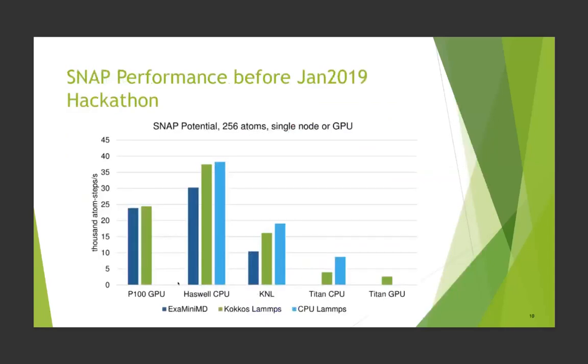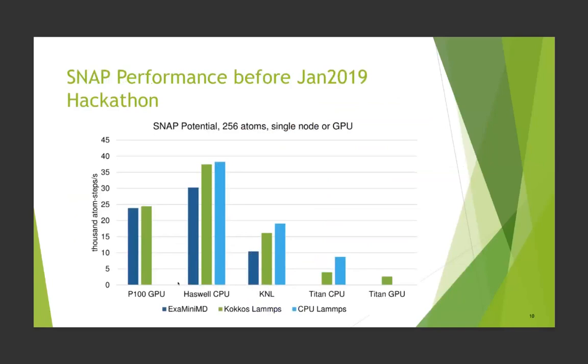So we did some benchmarking of this baseline version. The dark blue is the ExaMiniMD proxy app. The green curve is the LAMMPS Kokkos version. And the light blue is the serial CPU LAMMPS.